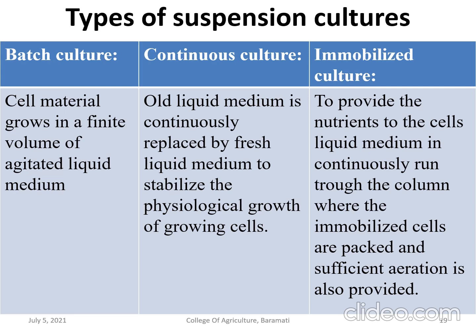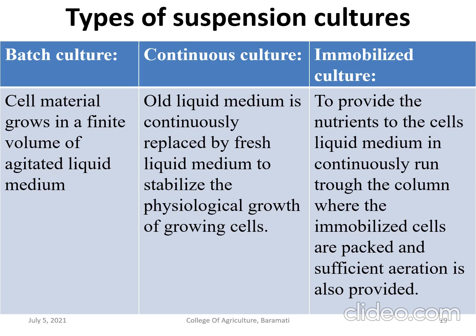While in immobilized culture, the cells are immobilized into particular bags or particular immobilized columns. So generally cells are immobilized, but media is free flowing. That means media is easily available. So generally the cells are packed in a kind of bag which is permeable to media.